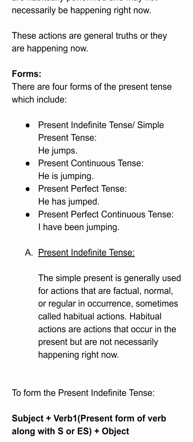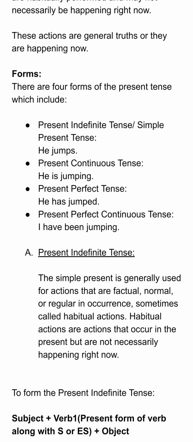Present indefinite tense is a type of tense which is also called the simple present tense. Now what does it indicate, or in which types of sentences is it used?